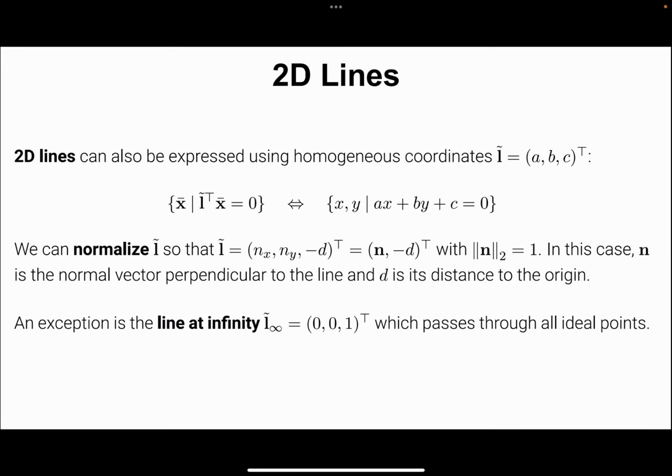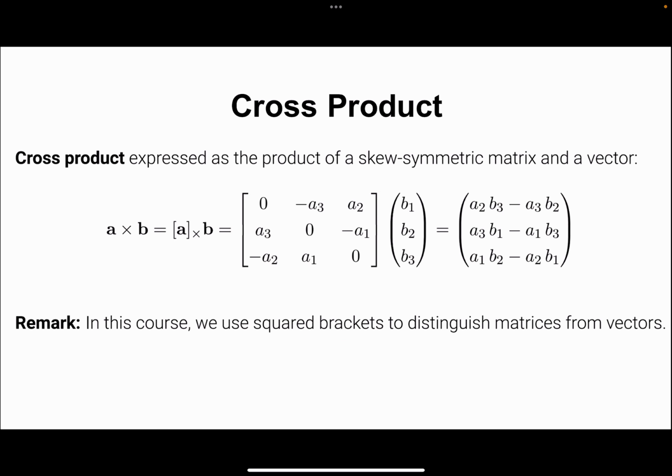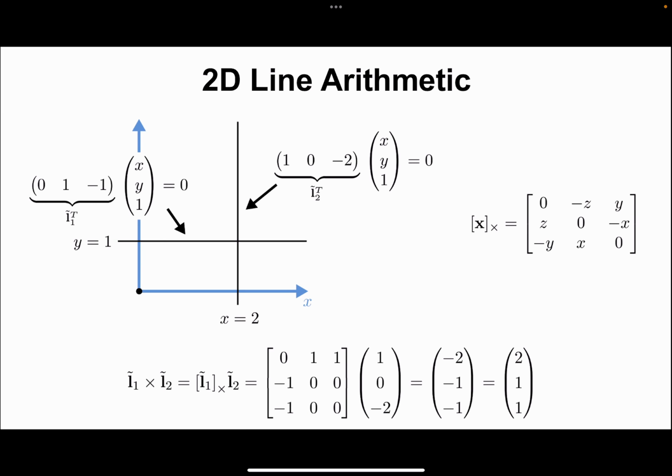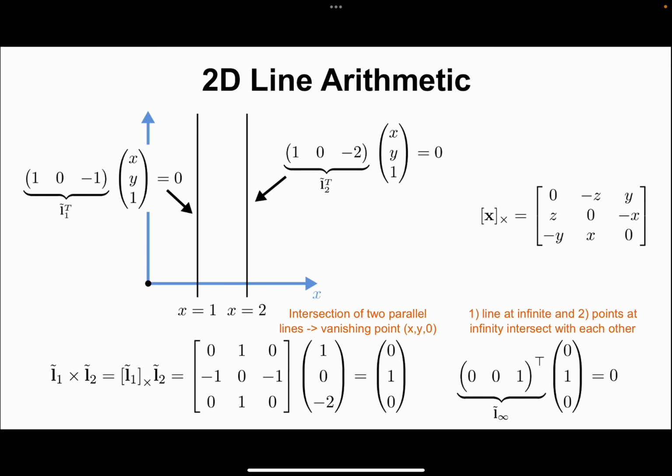And we define some singularity, like the line at infinity, which passes through all the ideal points, where an ideal point means w equals 0. Using some high school math, it turns out that the two parallel lines, x equals 1 and x equals 2, do not intersect in 3D space, but in our homogeneous space they can intersect at the vanishing point.